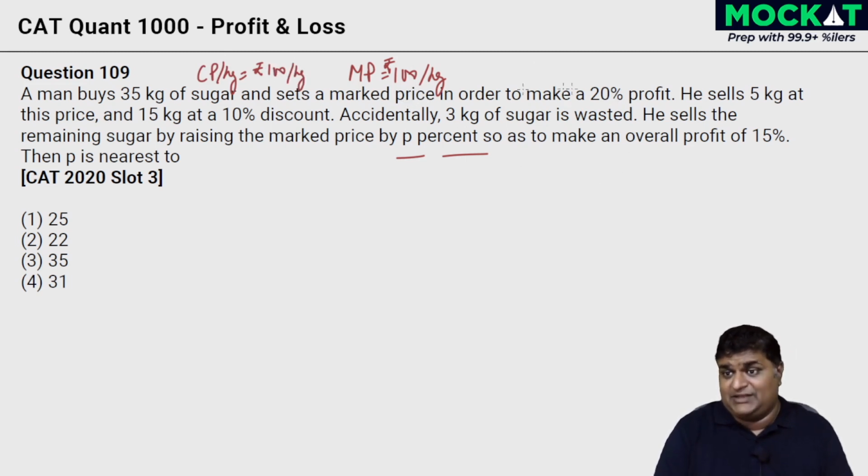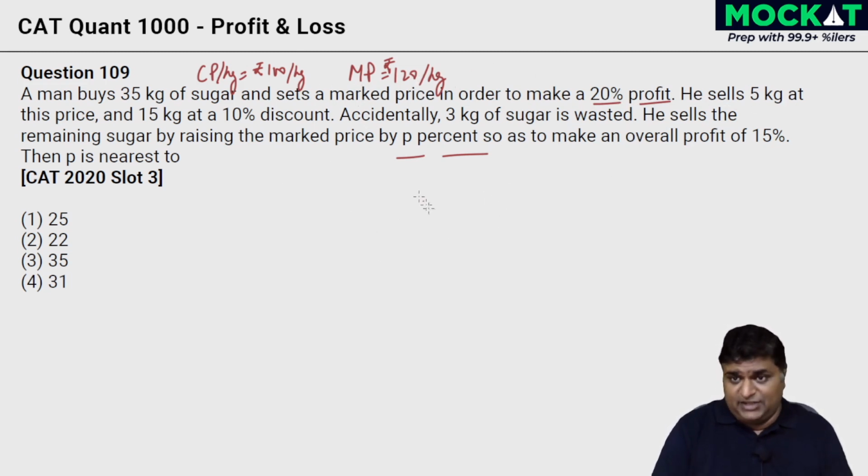The mark price is set in order to make 20% profit. So 20% more than 100 is going to come to 120, right? Can always be flexible, always change this, right? Why have they given this to me, right? Somewhere I have to use this. So let the CP be 100, MP therefore becomes 120 per kg. In order to make a 20% profit, mark price has been set this way.